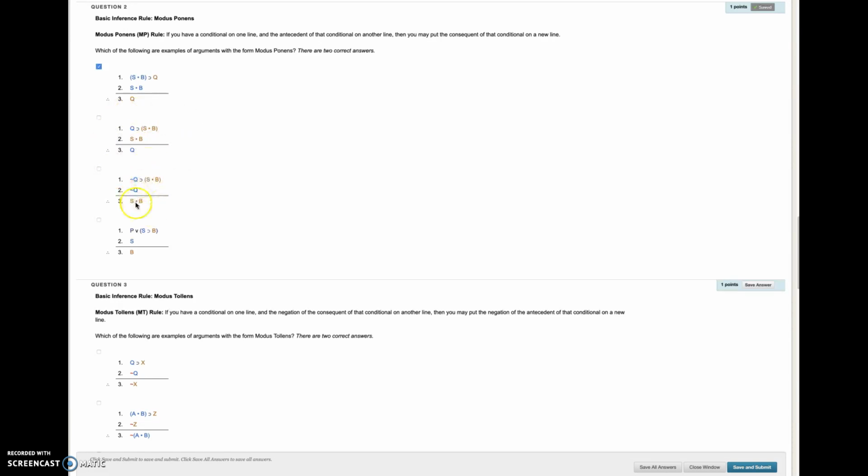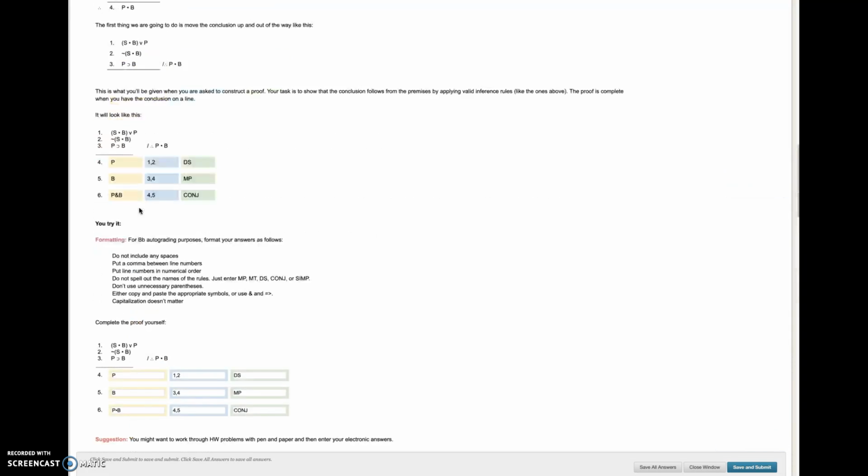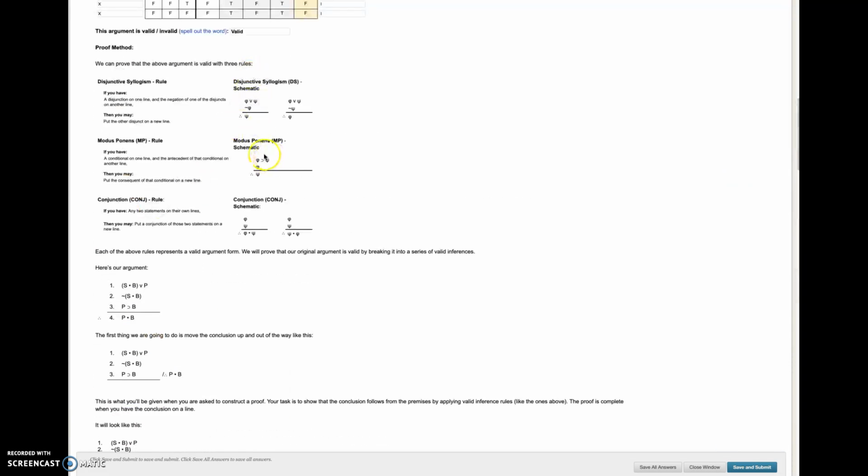How about this one? We have a conditional. Do you have the antecedent on its own line? Yes. Did they infer the consequent? Yes. So this is an example of modus ponens. If you were to go back up to our little rule here, notice it doesn't quite look like this schematic, but remember that Greek letters can be any statement.